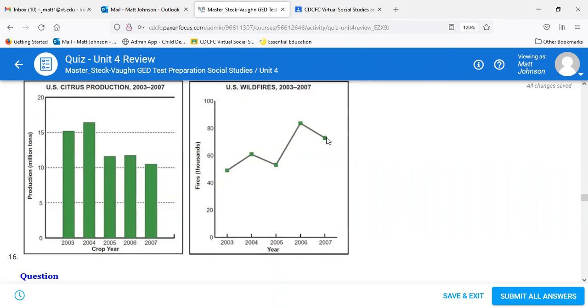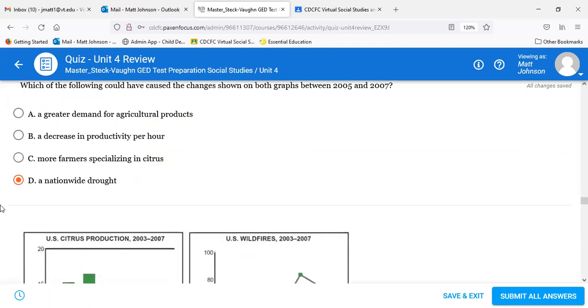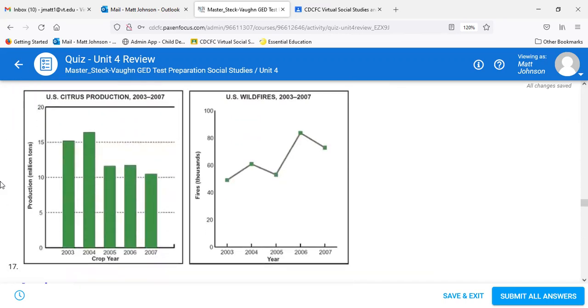And you could see, just one lightning strike or spark is just going to set this off. And likewise, of course, if you have a drought condition, that's bad for production. You're not going to be able to produce as much in agriculture. So that would lead you to think that, yeah, we may have been in a situation where there's a nationwide drought. So 16 is D as in dog.